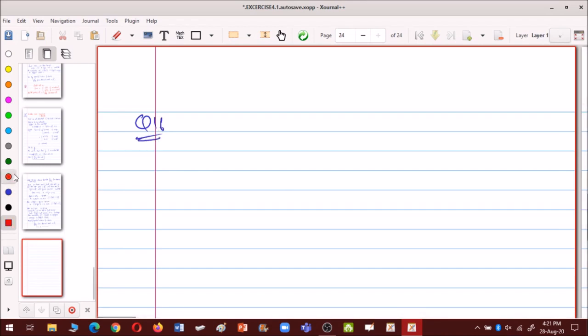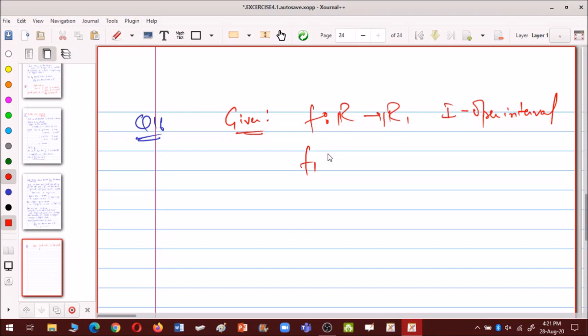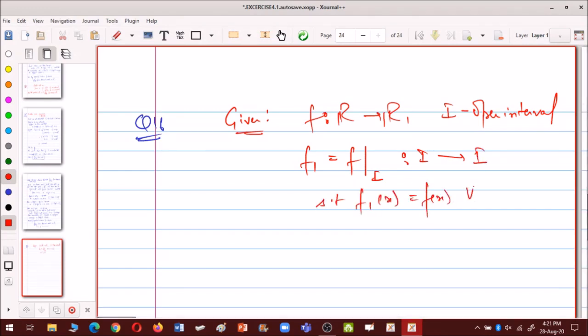So question number 16, given f is a function from R to R, I an open interval, f1 is equal to f restricted to I. So this is a function from I to R such that f1(x) is equal to f(x) for all x belonging to I. So this is how restriction functions are defined. Restriction functions are nothing but we take the function on some subdomain of the domain of the function.